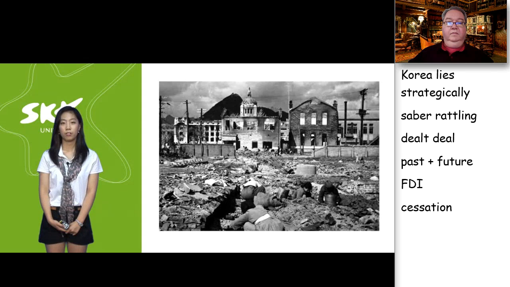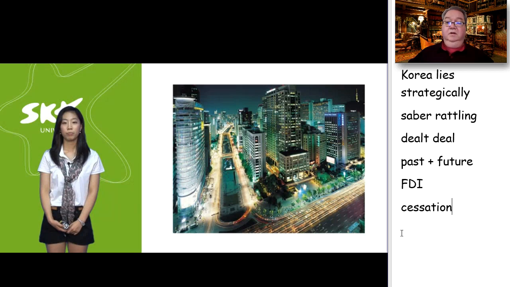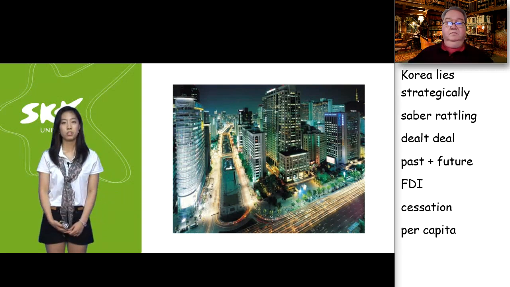Today, GDP exceeds 20,000 US dollars per capita. Per capita means what? Per capita means per person. And homegrown corporations like Samsung, LG, and Hyundai are synonymous with success.